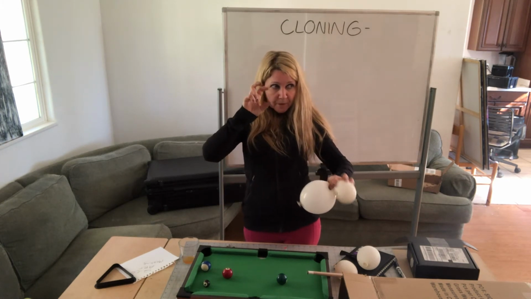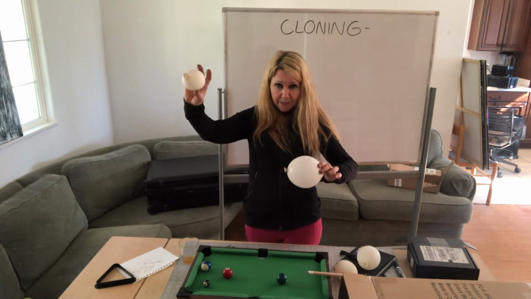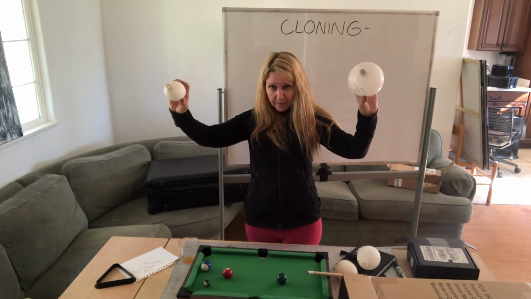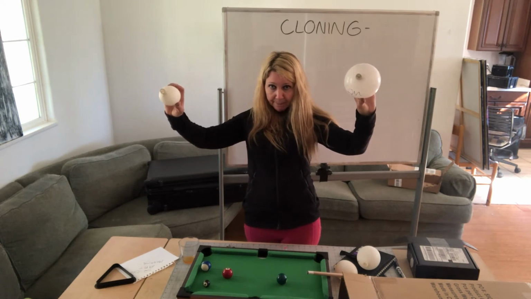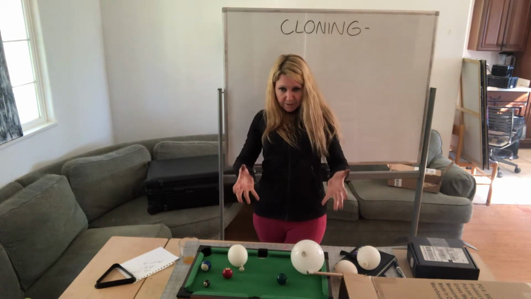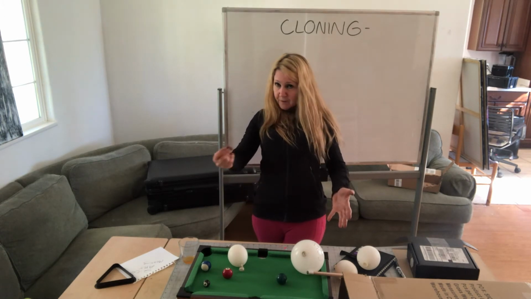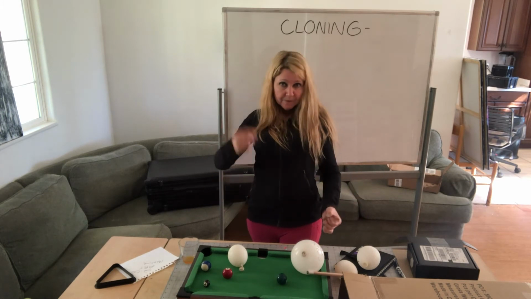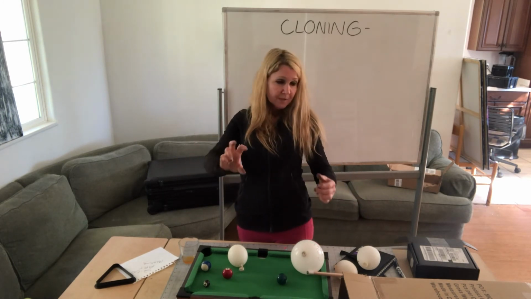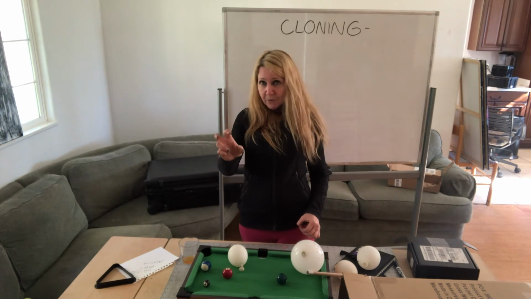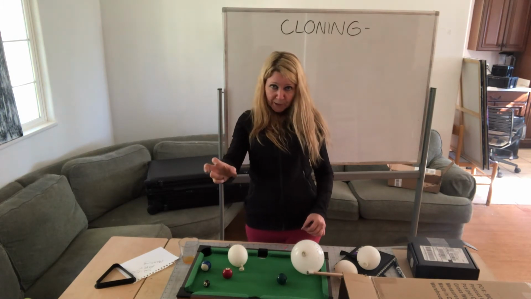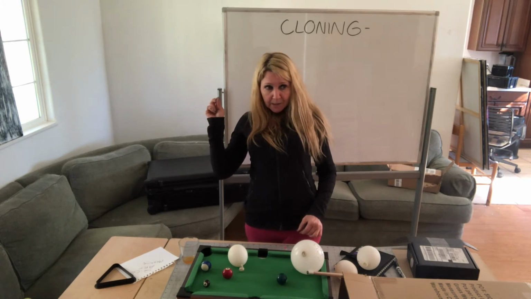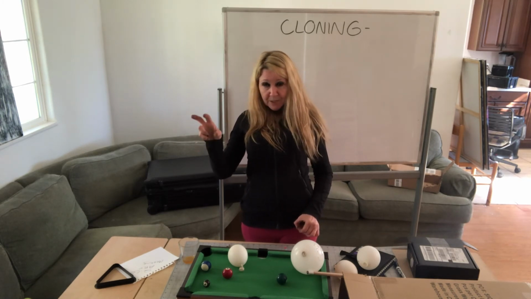So the nucleus from cow A is going to be in cow B's egg cell. The cell is going to divide and keep dividing, and pretty soon it becomes a hollow ball of cells called a blastula, that is put inside the uterus of a donor cow.